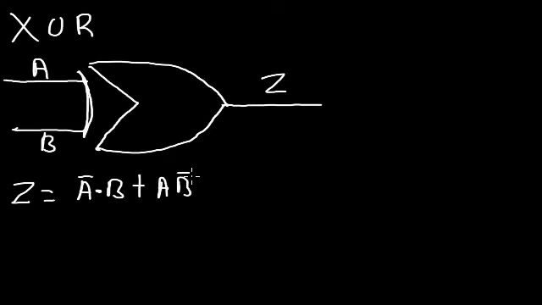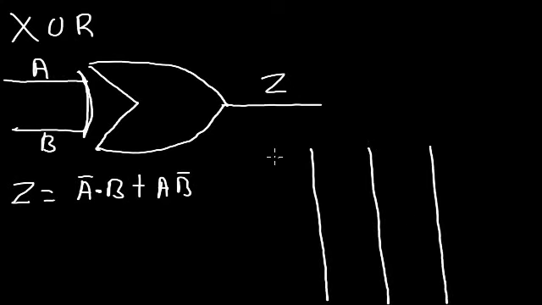So now, how can we conclude when the XOR gate produces a false outcome and when it produces a true outcome? Let's look into that using a truth table. So A, B, and Z. I'm going to have 1, 1, 0, 0, 1, 0, 1, 0.